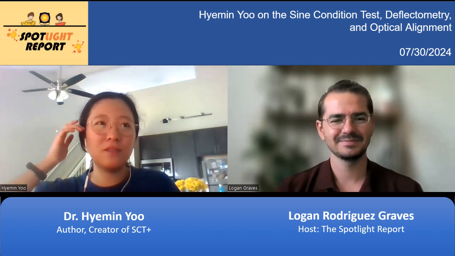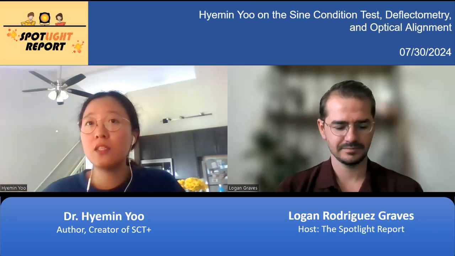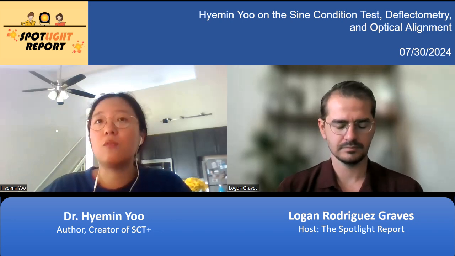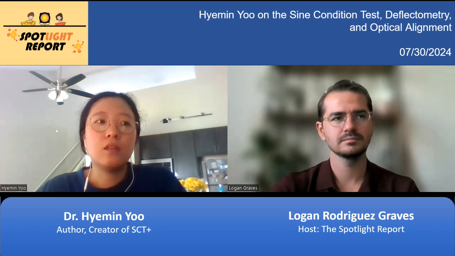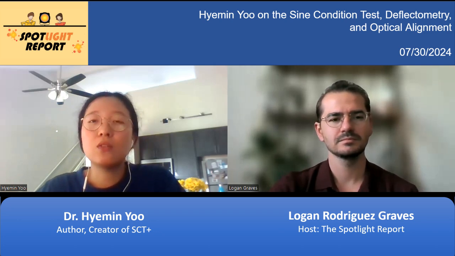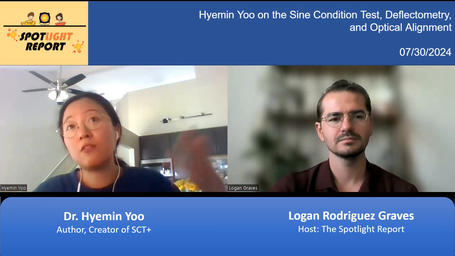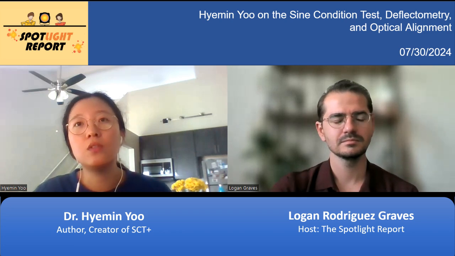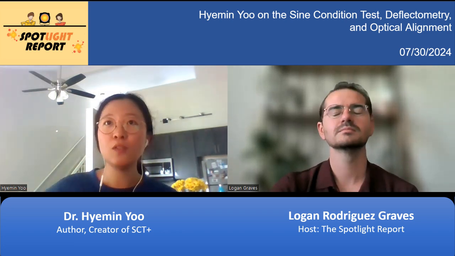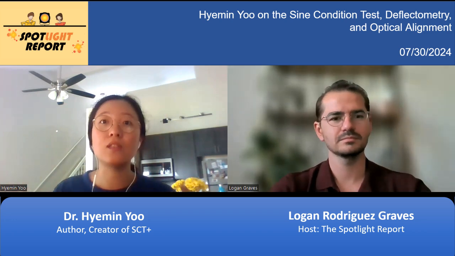Okay. So I made a great deal about the Sine condition. I always get excited because it's the only method that I know of that can measure off-axis performance with an on-axis measurement. Usually you have to be off-axis to measure off-axis performance, but the Sine condition is not. But the truth is, there are various versions of the Sine condition, and Abbe's Sine condition assumes no on-axis aberration, so it only works when there's no on-axis aberration.